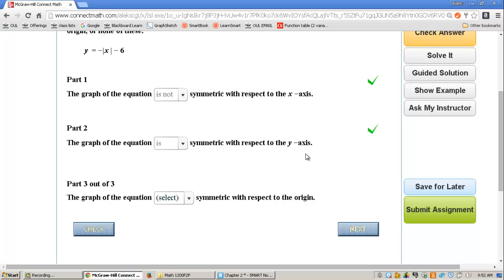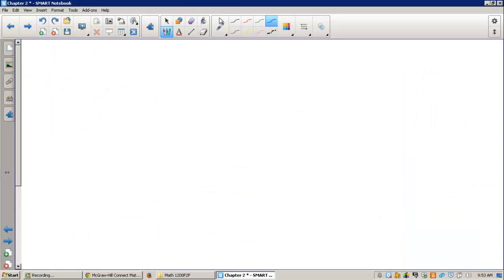No, don't trust your earlier answers, because there are some graphs that are not x symmetric or not y symmetric, but they are still origin symmetric. Okay? So we still need to go test in part 3 with regular steps for origin symmetry.